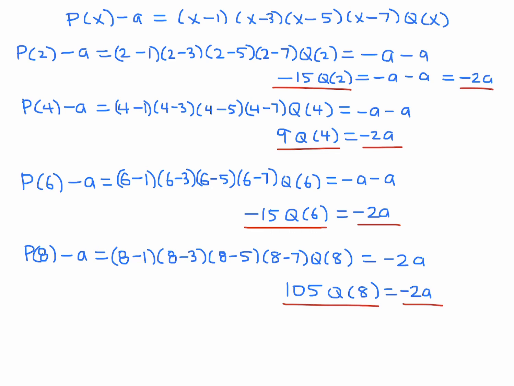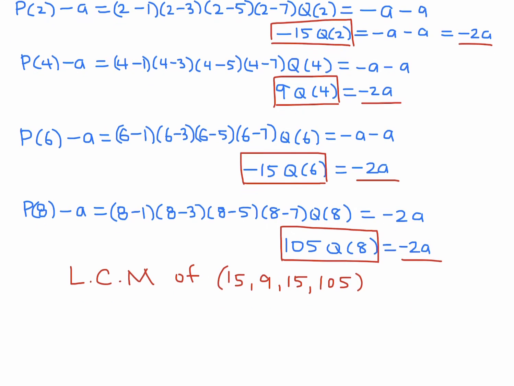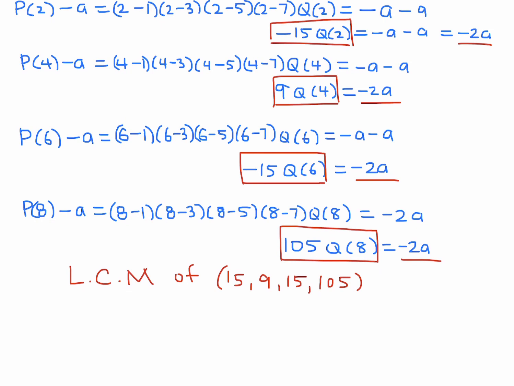For all of those to be equivalent, to figure out a, we really have to figure out the lowest common multiple of these numbers, which are 15, 9, 15, and 105. That's what this boils down to.